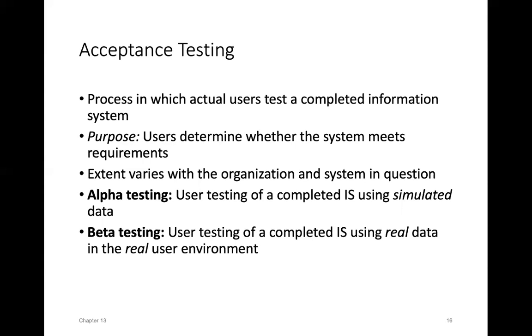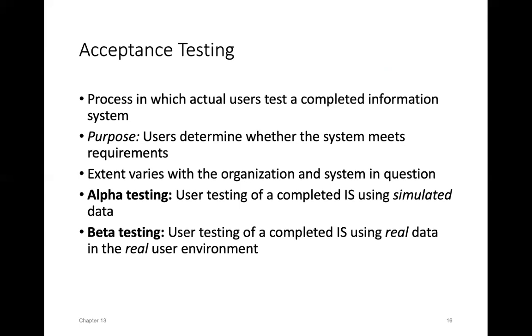You're not going to put a massive trade through using beta testing. You're going to use live data, and you're going to use a real live user, but they're not going to use really mission critical data in that context. So alpha testing is user testing of a completed IS using simulated data, and beta testing is user testing of a completed IS using real data in the real user environment.